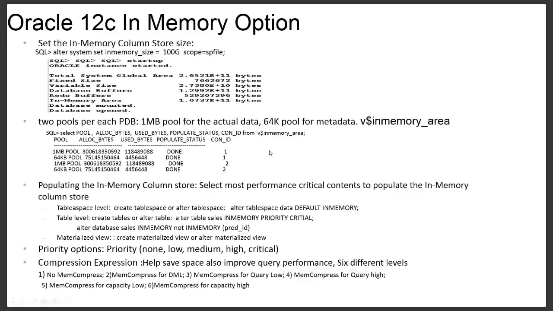There are a couple of DBA privileges you have to grant, and a DBA should be able to follow that. Once you have the advisor installed, you can use it. The way to use it is you run your application without in-memory for quite a period of time.